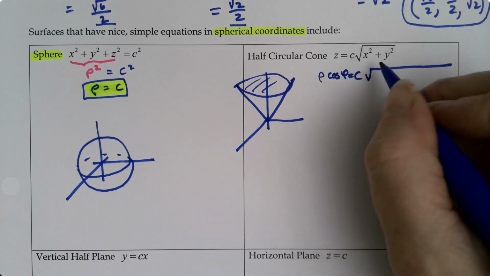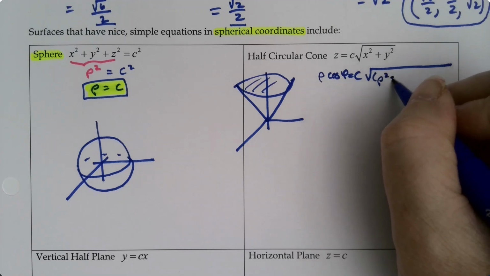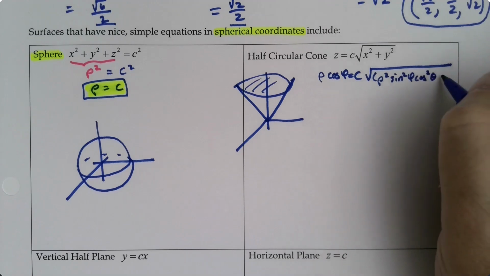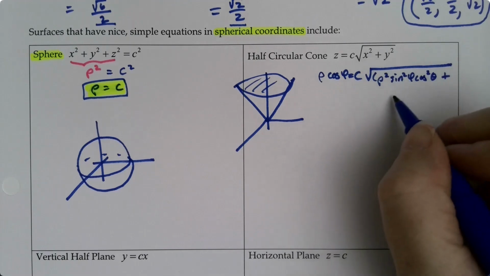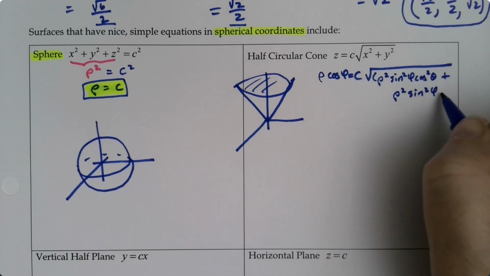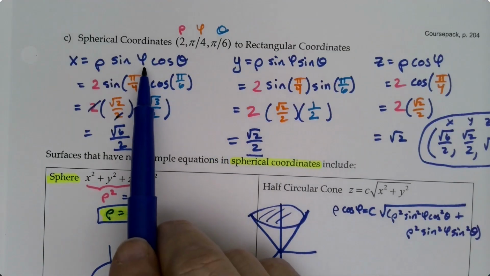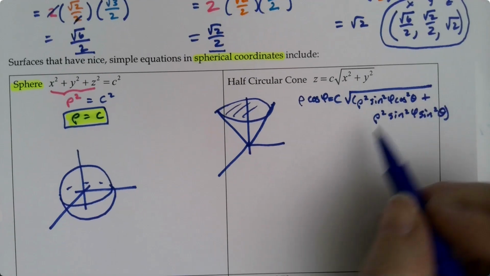X squared would be rho squared sine squared phi cosine squared theta plus, I don't have enough room to write it, so I'm going to put it down here, rho squared sine squared phi sine squared theta. So I'm taking the formulas for x and y and I'm squaring them.